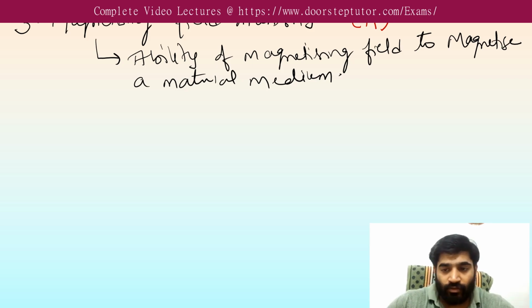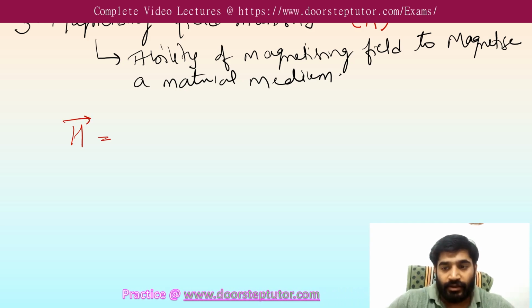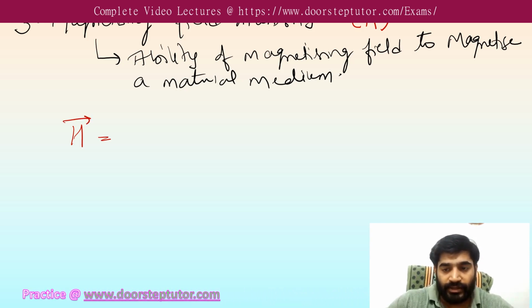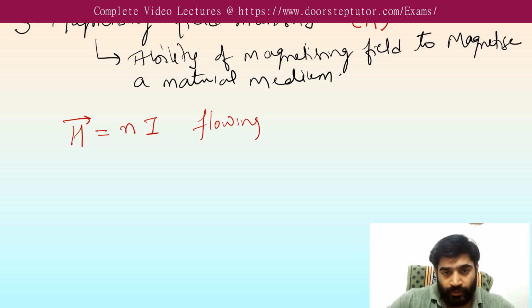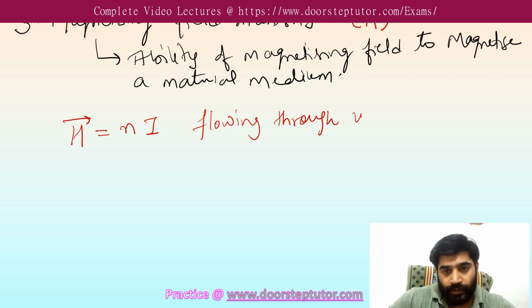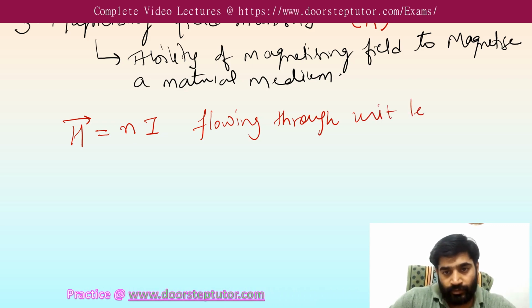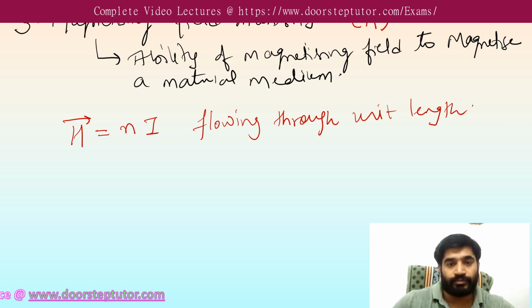Magnetic intensity is defined as the number of ampere turns, which is N into I, flowing through a unit length. So H is equal to NI.